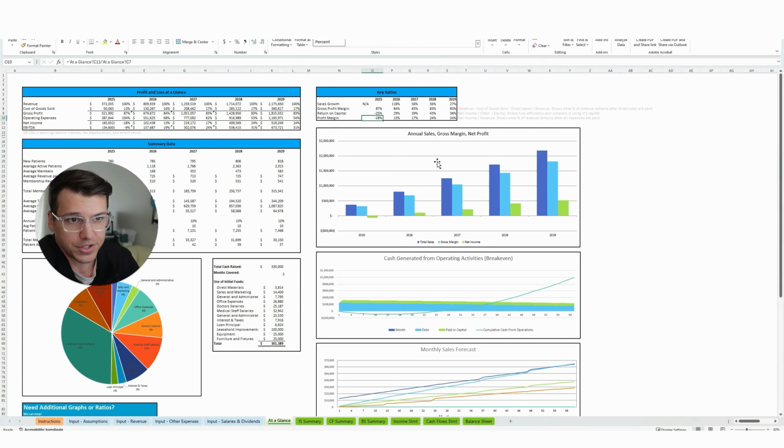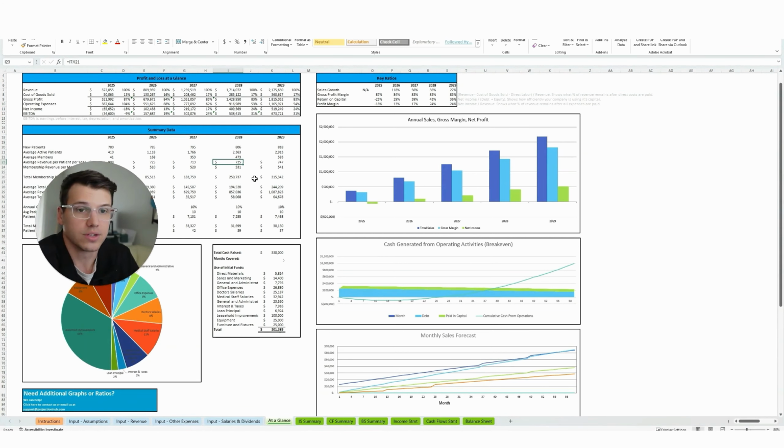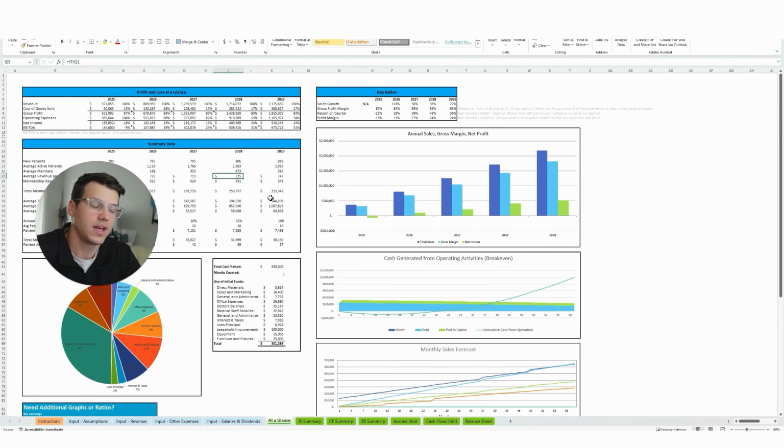A loss in the first year, not surprising, then 13%, 17%, 24%, 24%. So I'm a little bit higher than what the internet said the industry average is. So why is that? It's not so far off that it would probably be eyebrow raising, but that's the kind of thing you can do. Any of these numbers you find in your projections, you can search for a benchmark for that, and then try and dial in your projections so nothing seems super out. So you're going to fill it out.